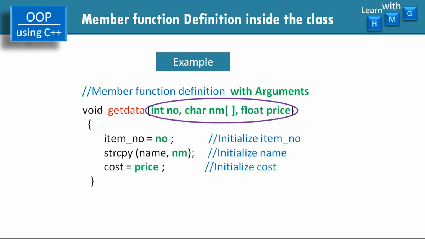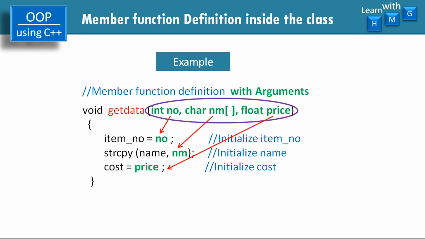The first argument no is used to initialize the data member item no. nm, a string, is used to initialize the name data member, and the third argument, price, is used to initialize the cost data member of the class. In this way the arguments can be used to initialize the data members in this particular example. You may use them for any other operation also, such as decision making or any arithmetic expression.